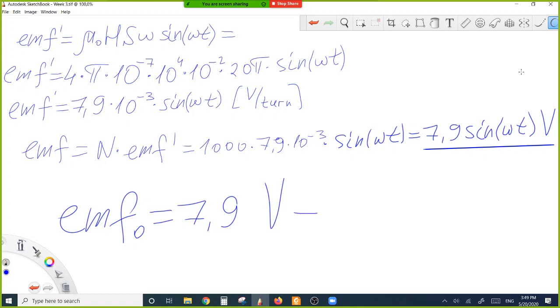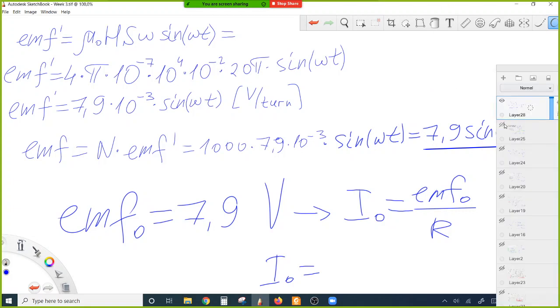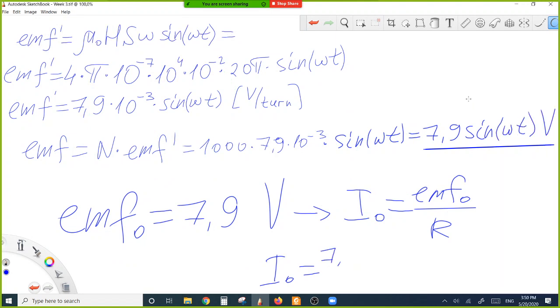And from this, we can find the maximum value of I, which is the maximum value of electromotive force divided by R. From here, I0, so R was given as 100 ohm. Okay, 7.9 over 100 is equal to 79 milliampere.